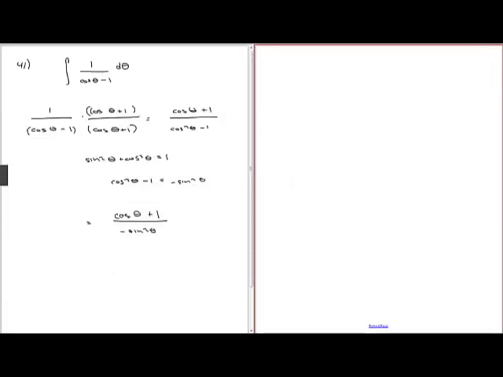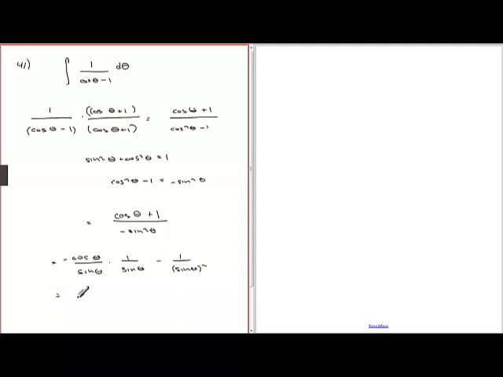And so probably the best thing to do is to look at this and rewrite it: we'll have negative cosine of theta over the sine of theta times 1 over the sine of theta, minus 1 over the sine of theta quantity squared.